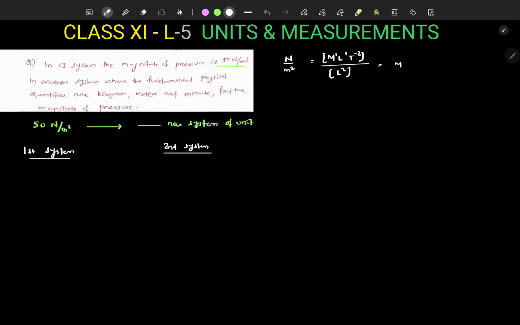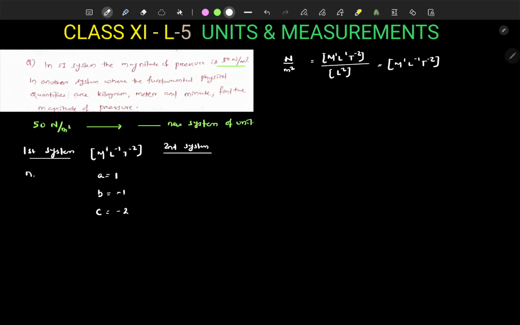So the answer is M1 L minus 1 T minus 2. In the middle part you have to write 1, minus 1, minus 2 as the dimension of this given quantity. So the A value will be 1, B value is minus 1, and C value is minus 2.